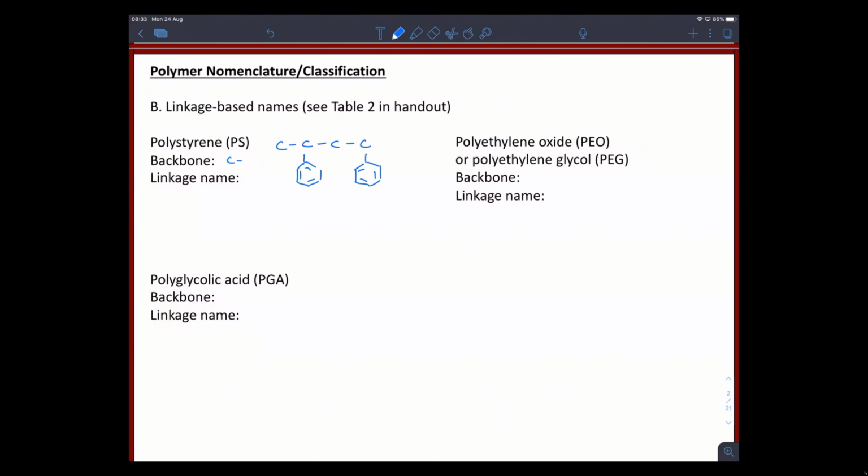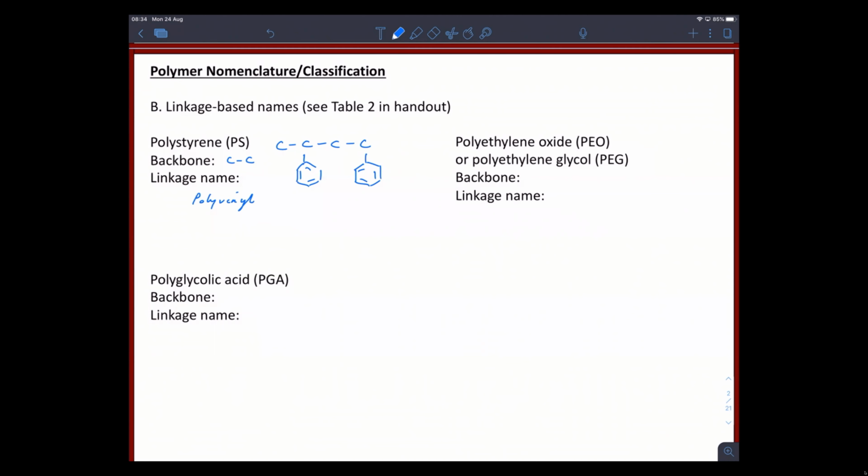So the backbone is C-C, and we call it a polyvinyl. Again, there are lots of different terminologies, like vinyl, unsaturated, saturated, and they're used interchangeably.